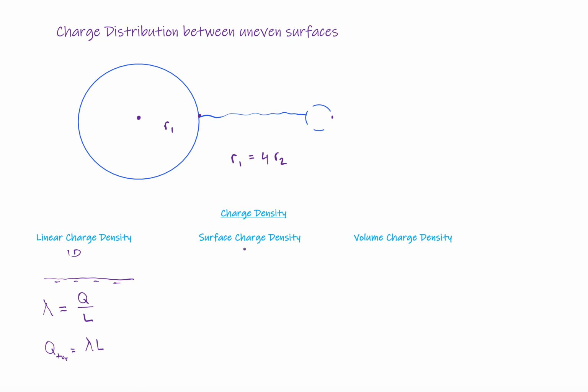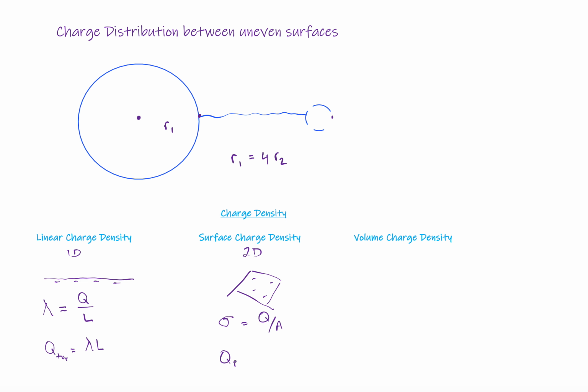Similarly, with surface charge density, that's a two-dimensional consideration. This is where I would have maybe a two-dimensional surface where I would have the charge distributed on the surface. This we use the Greek letter sigma, which is equal to the amount of charge per unit of area.